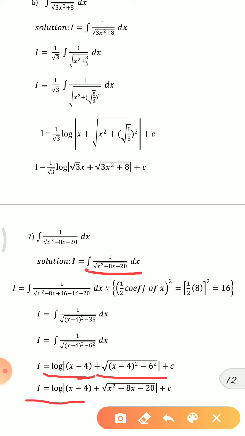That means the final answer becomes log of x minus 4 plus under root of x square minus 8x minus 20 plus c. Therefore, the solution of the integration 1 upon under root of x square minus 8x minus 20 dx is equal to log of mod of x minus 4 plus under root of x square minus 8x minus 20 plus c. This you have to find the integrations here.